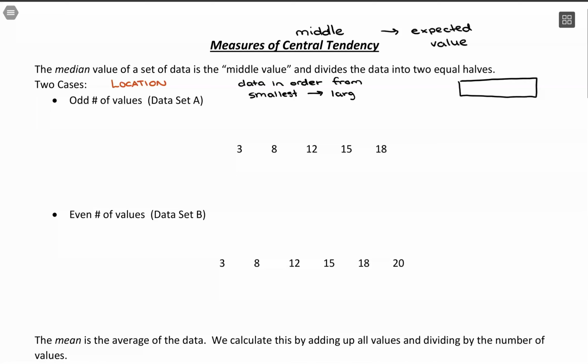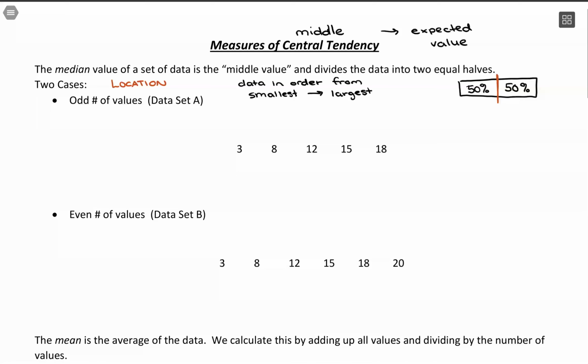And then once it's in order and we have it all listed out, we want to find the cutting point for the median, and that cutting point will make it so that we have 50% of the data below that number and 50% of the data above that number.